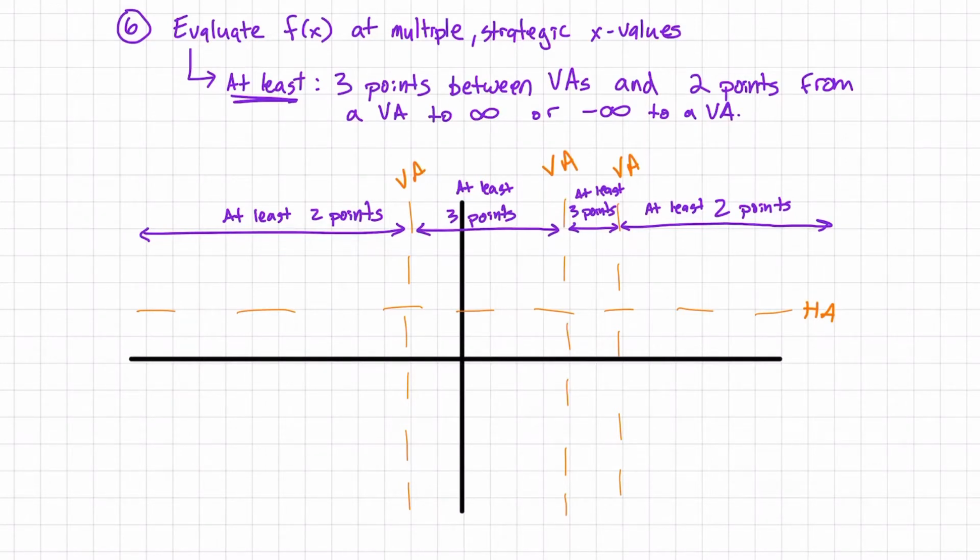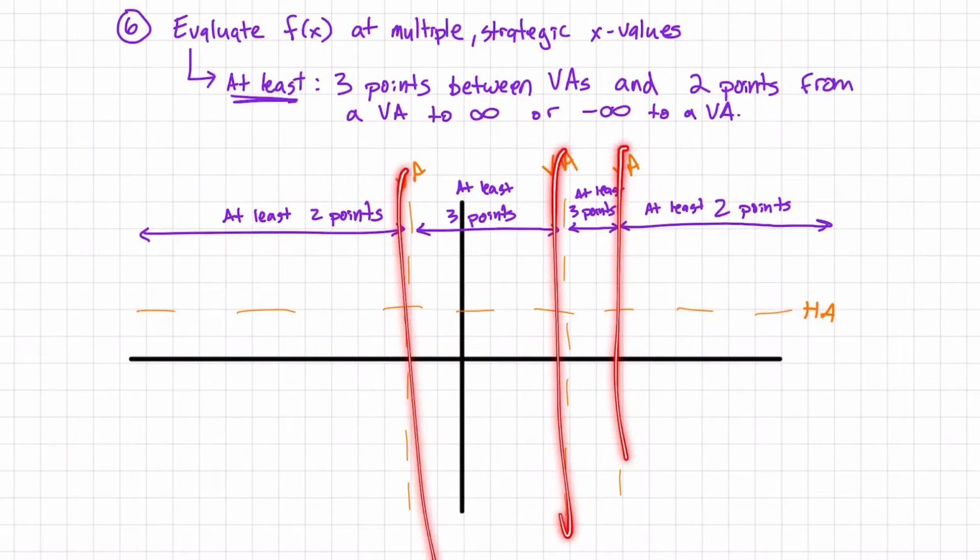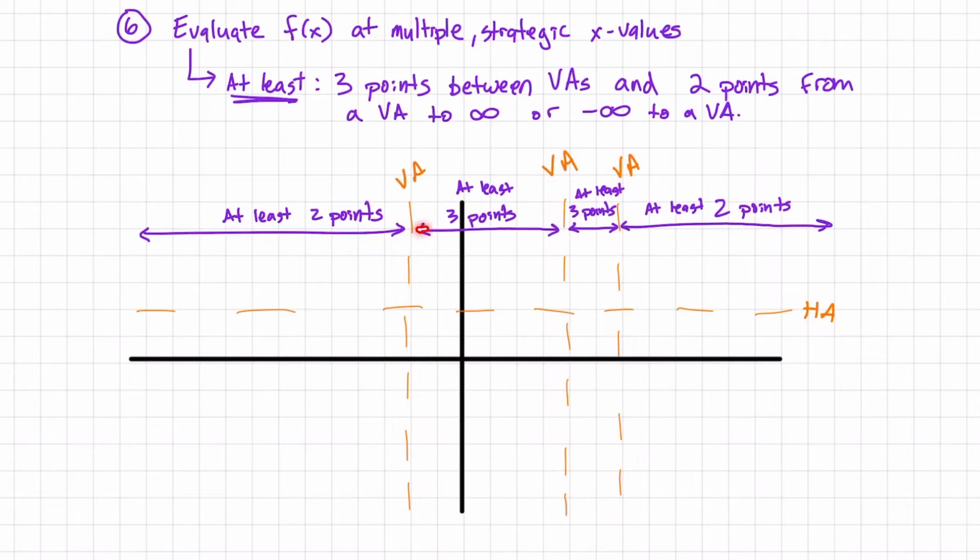So say I have a horizontal asymptote here, and I have 3 vertical asymptotes here. Between these 2 vertical asymptotes, I want at least 3 points. Between these 2 vertical asymptotes, I want at least 3 points found. And then from this vertical asymptote to infinity, pick 2. From the vertical asymptote to infinity, pick 2.